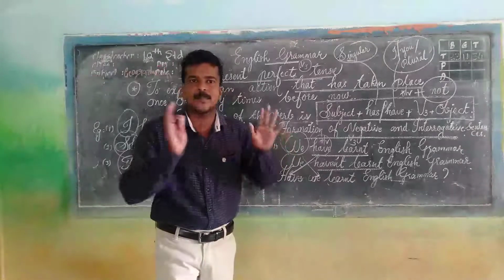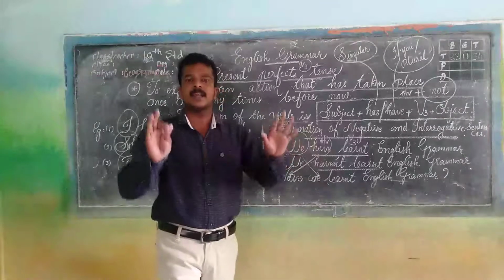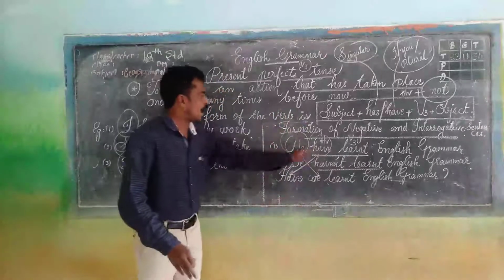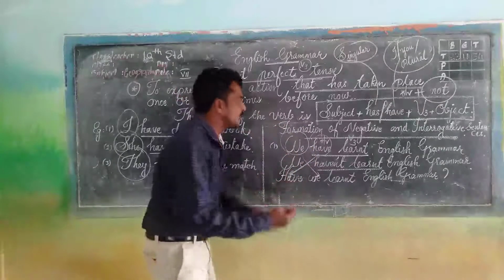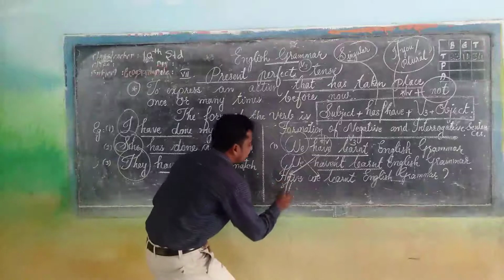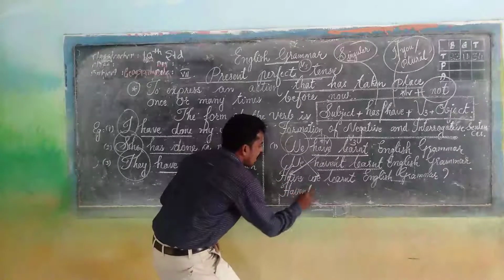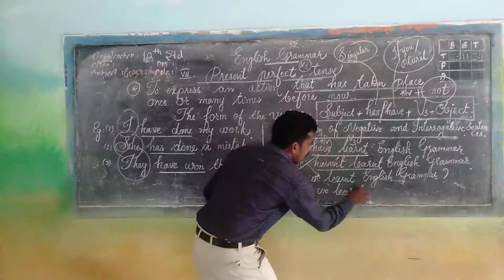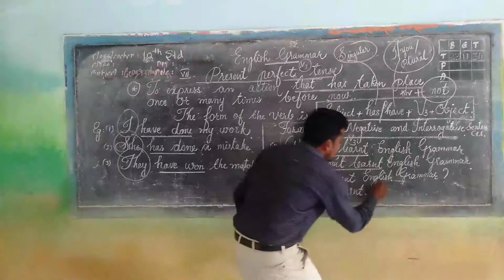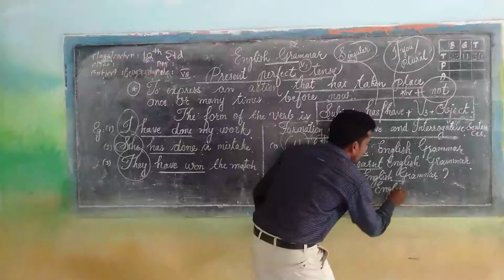Just change the place of the subject and the helping verb: have we learned English grammar? And next is negative interrogative, which starts from the negative helping verb: haven't we learned English grammar? Haven't we learned English grammar? It ends with the question mark.